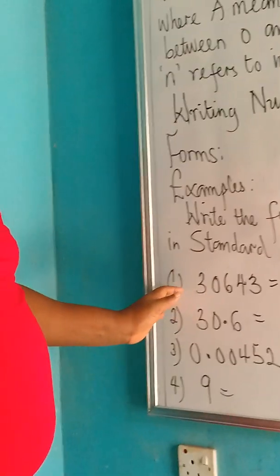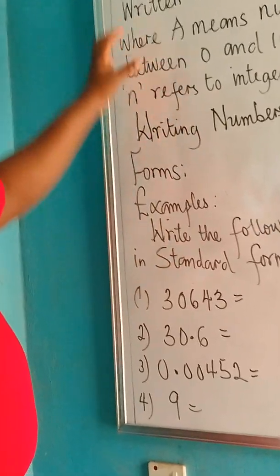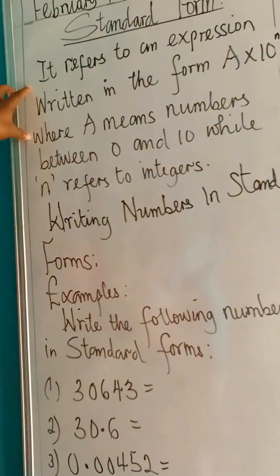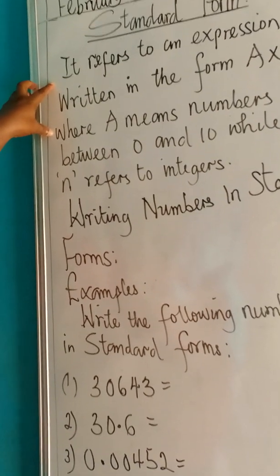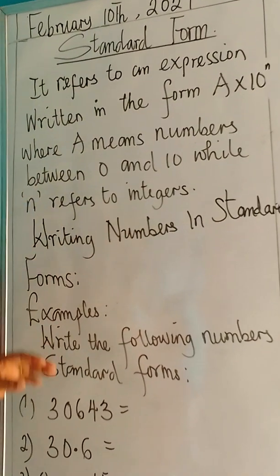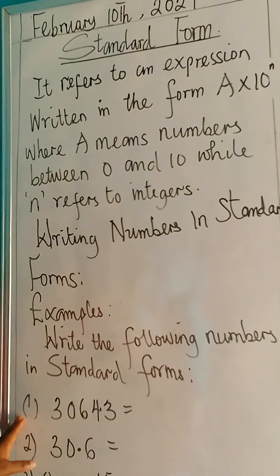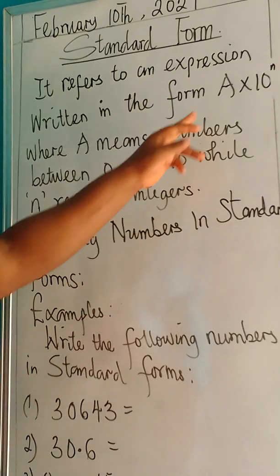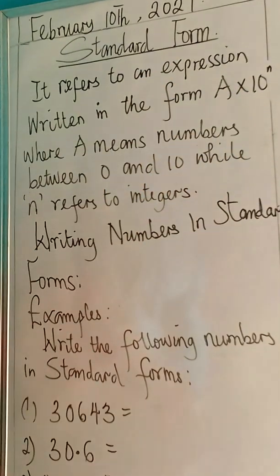Now, to be able to express each of these in standard form, we should be mindful of the definition, as that is what is to give us direction. Let's fall back to the definition. It says it's an expression written in the form a times 10 raised to power n.